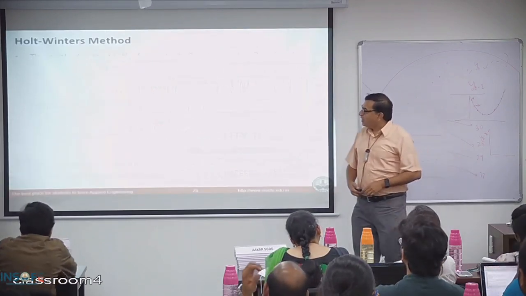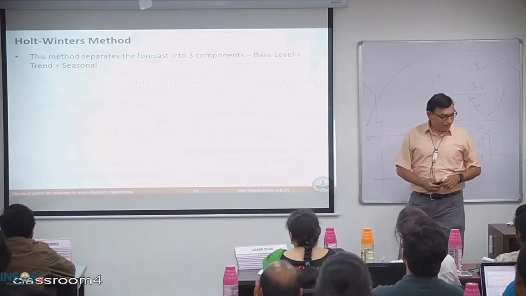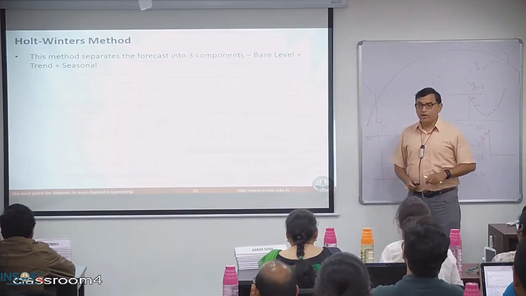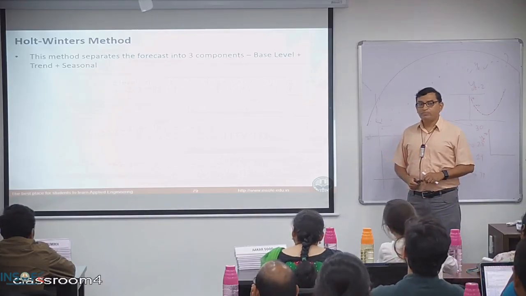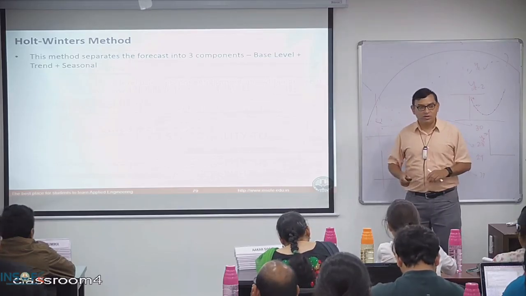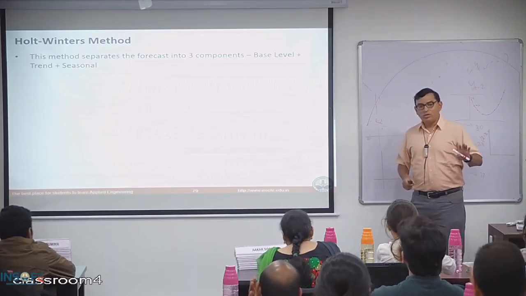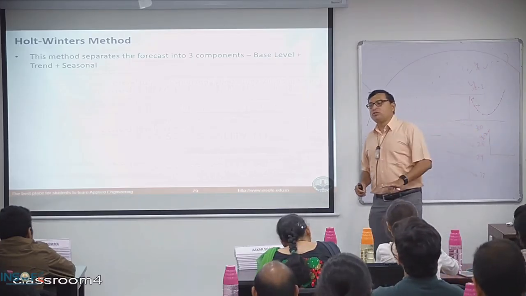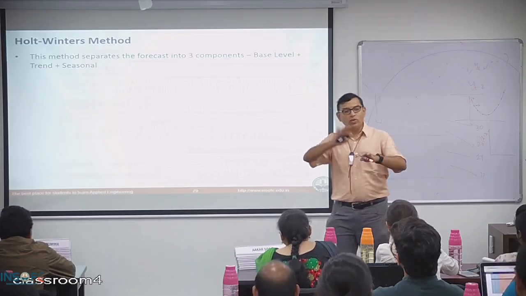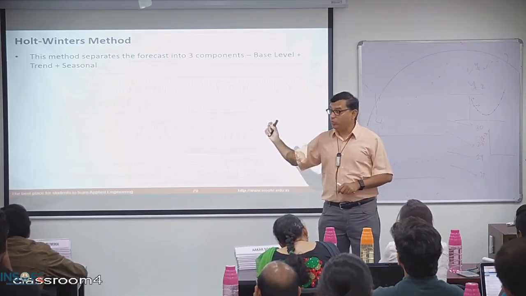So what I'm going to do, before we take a break, is give an introduction to the next set of methods that we are doing. The next set of methods uses this idea of moving averages, particularly the exponential moving average.